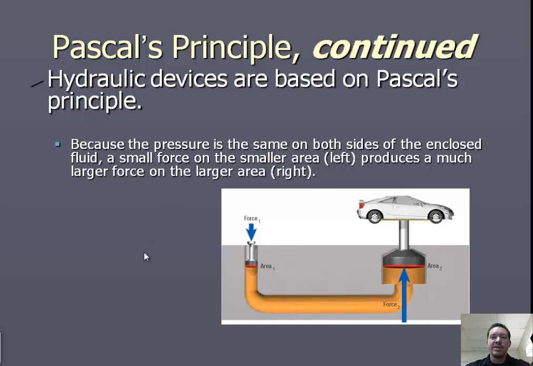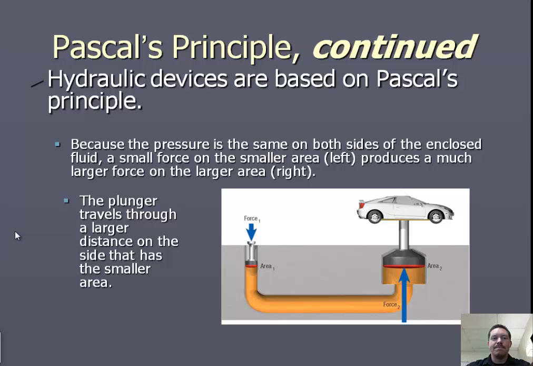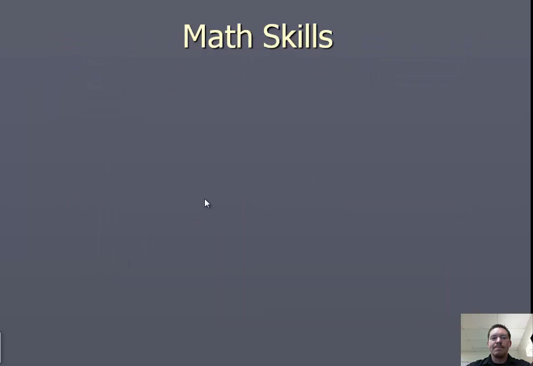So the pressure is the same on both sides of the enclosed fluid. A small force on the smaller area on the left here produces a much larger force on the larger area on the right. In order for this to work, the plunger on the left has to travel a greater distance over this smaller area for this larger area to move over a shorter distance.